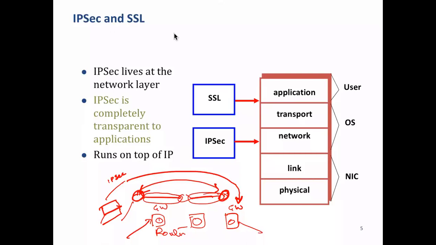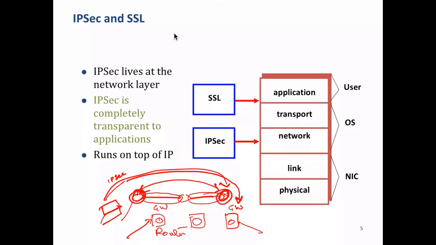Or if your other laptop is also capable of handling it, then it could also go to the other laptop. So usually it's between one gateway and another gateway, or from one laptop to the gateway.